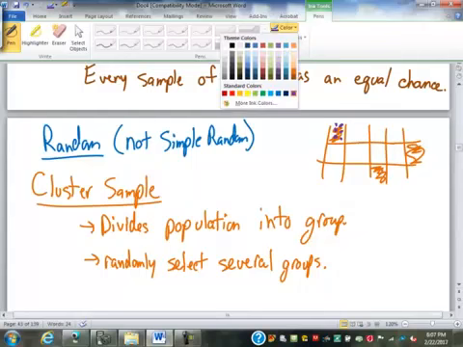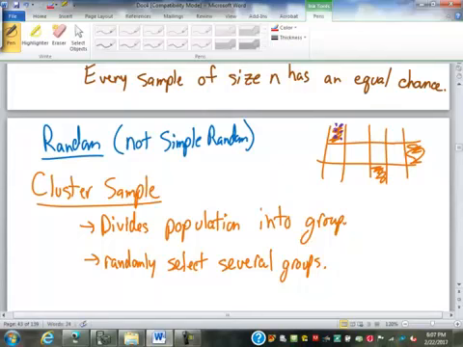Otherwise, it would be really a logistical hazard to have one here, one here, one here, one here, jumping all over the place, in and out of the vehicle. It's just a huge expense and a huge hassle. So it makes sense in a lot of cases to choose groups and then get information from that whole group at each time.